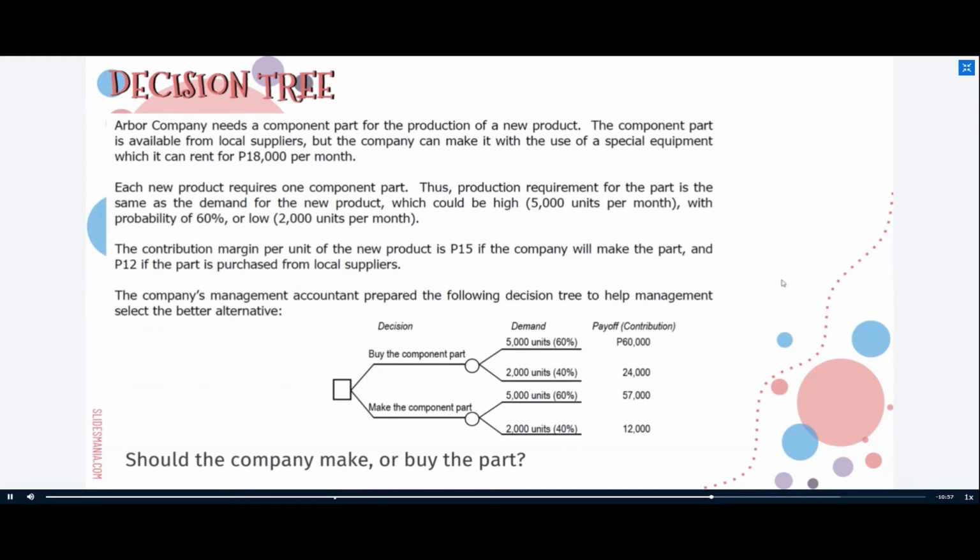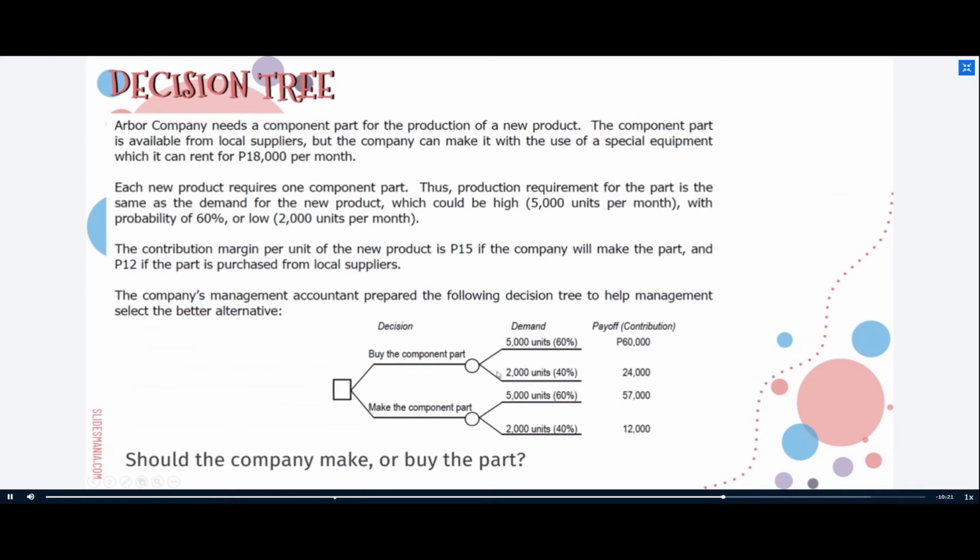The company's management accountant prepared the following decision tree to help management select the better alternative. Ito na. So, meron tayong dalawang options, no? So whether to buy the component part or make the component part. At napansin nyo class, in a decision tree, this is also married with probability. So in this case, whether to buy or make the component, we're given two probabilities or events.